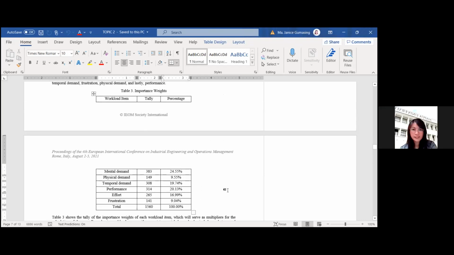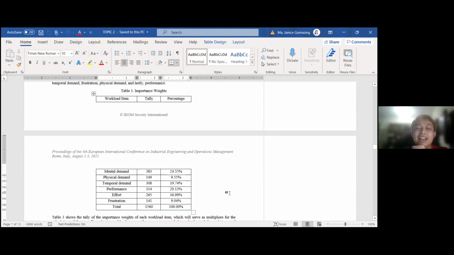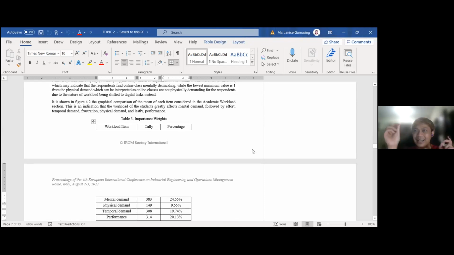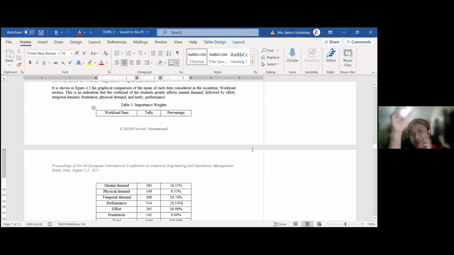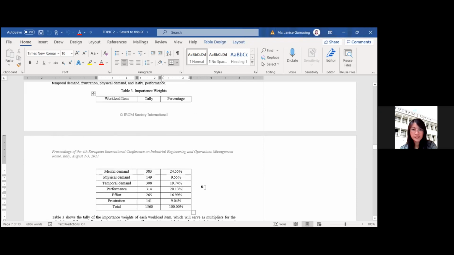You tally it all, and then you multiply the weight with the answers, so it's really individual. The weight of an individual respondent should be used.